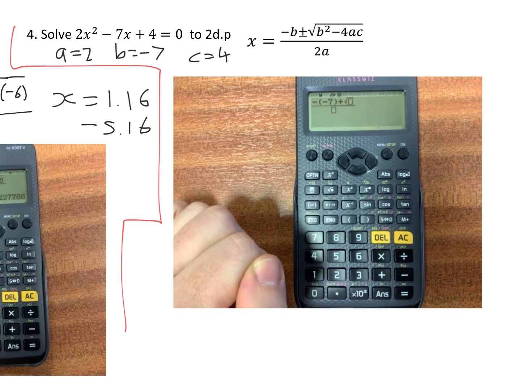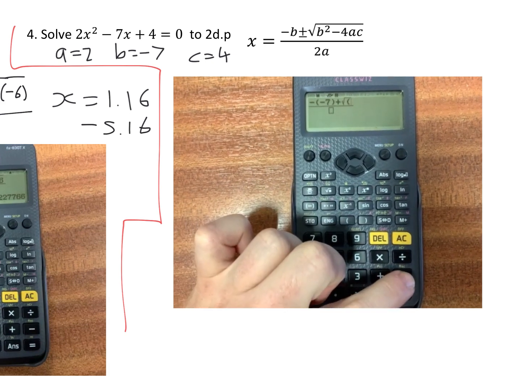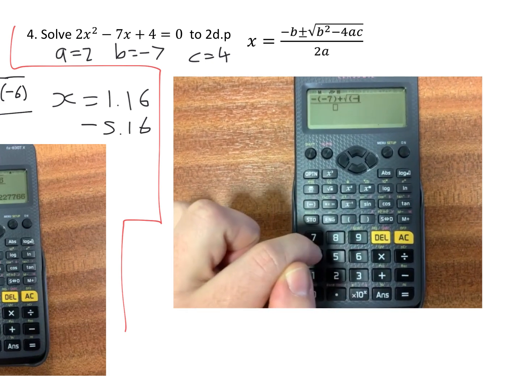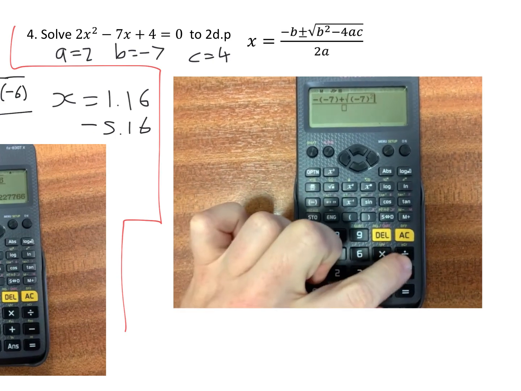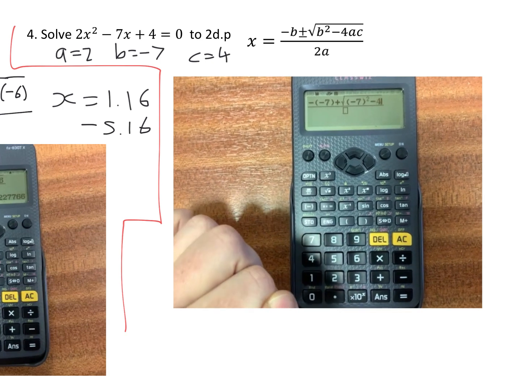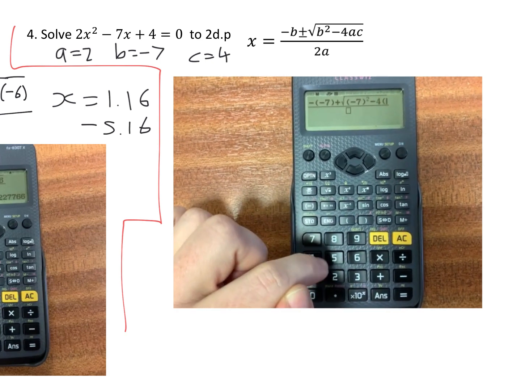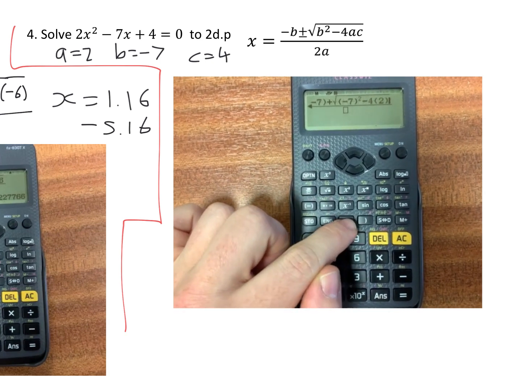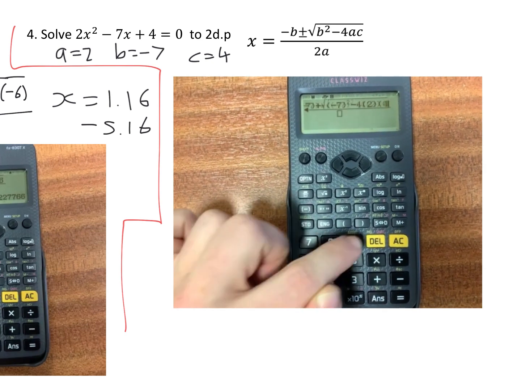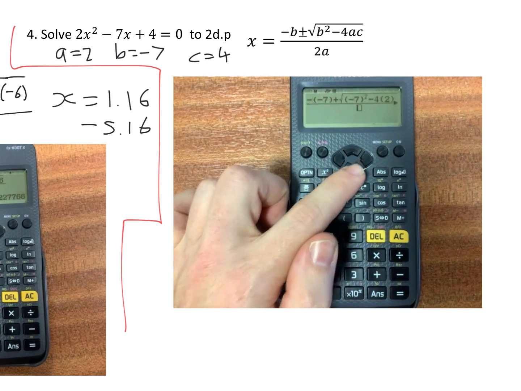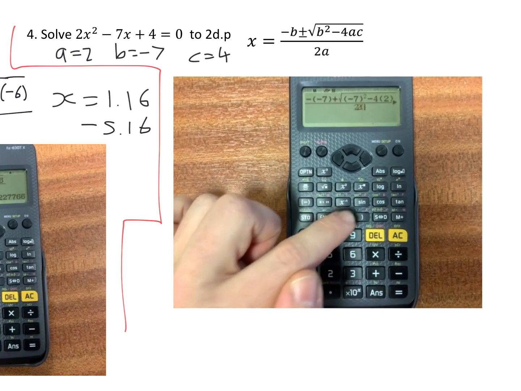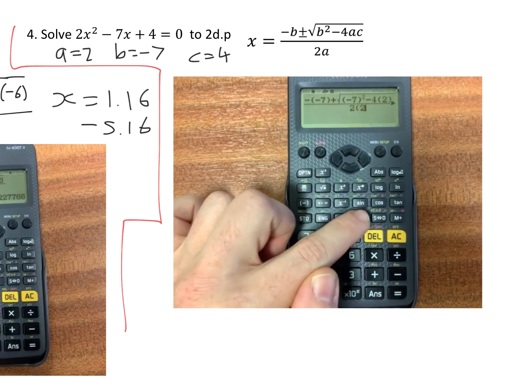B squared, that's minus 7 squared, so I'm going to put the minus 7 in brackets like so, and then square it. Minus 4. And then brackets A is 2. Then in brackets C is 4. And then all over 2A, so go down to the bottom and put 2 in. And then A is 2.